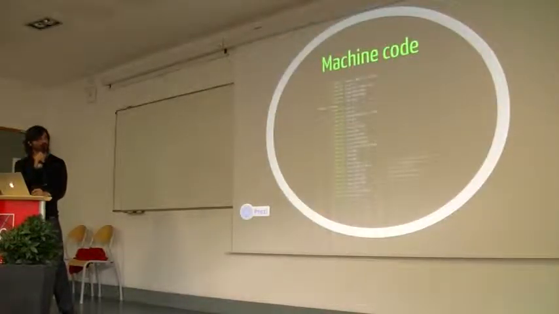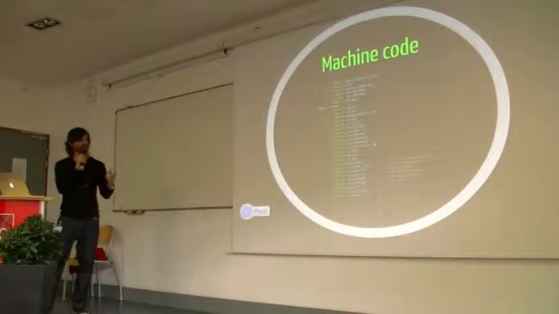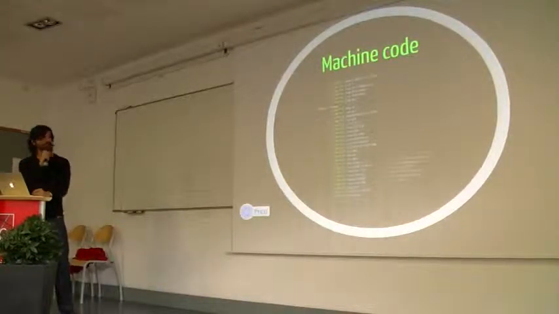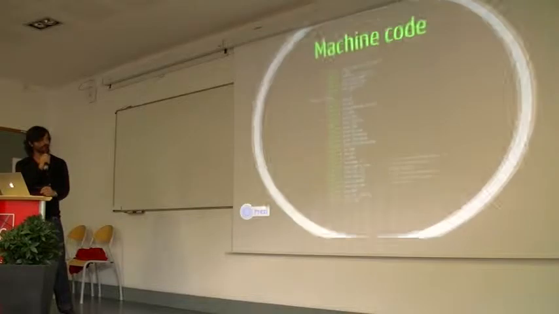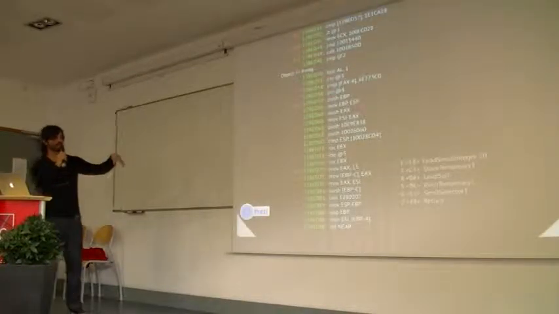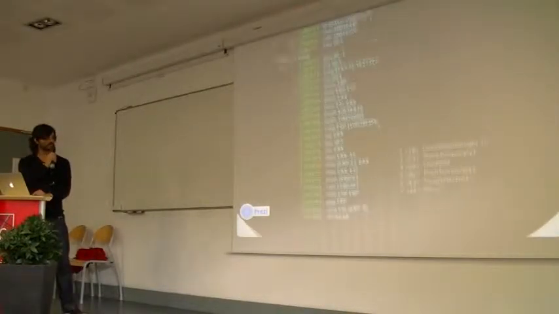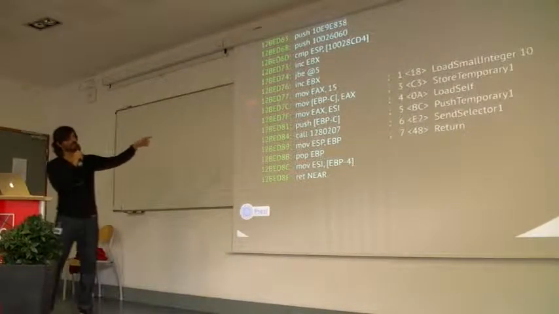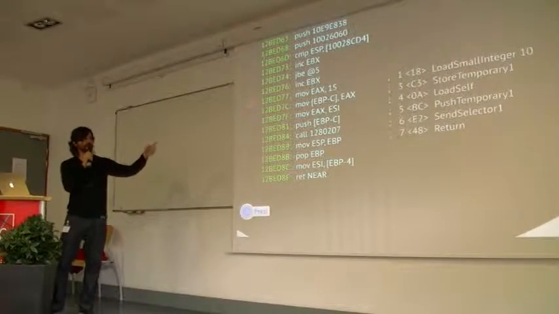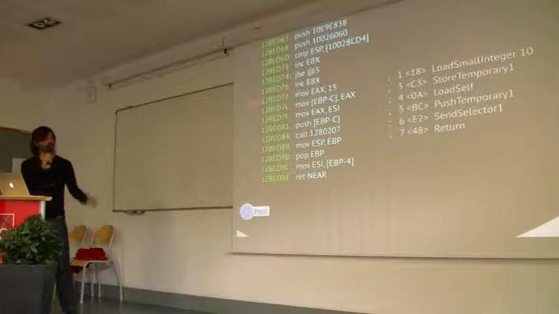And then we have another translation that is from bytecodes to machine code, native code. Here we see machine code, and in fact, we can see the association between bytecodes and actual assembly code.